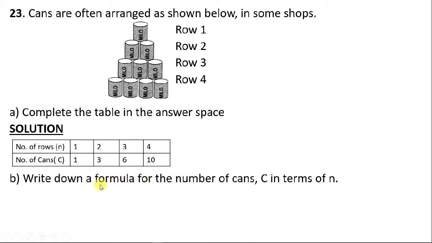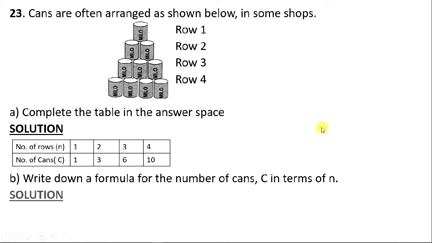Let's continue. Write down a formula for the number of canes C in terms of n. So if you look at these canes, you find that they were adding natural numbers. Natural numbers are counting numbers. So when you multiply a number times its preceding number divided by 2, it will give you the number of canes.